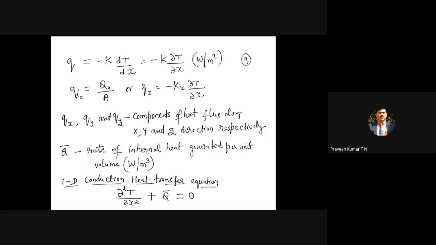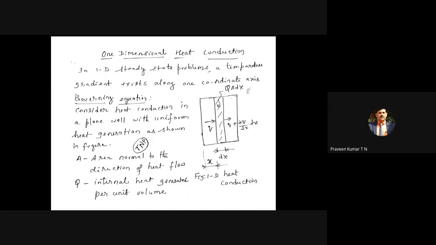A simple example for one-dimensional heat transfer: if you see the diagram, imagine the left end of the wall temperature is, let it be, 200 degrees Celsius. The right side wall temperature may be 100 degrees Celsius. If it is one-dimensional heat transfer, there is a variation of the temperature along the x direction, but there is no variation of the temperature along the y direction.